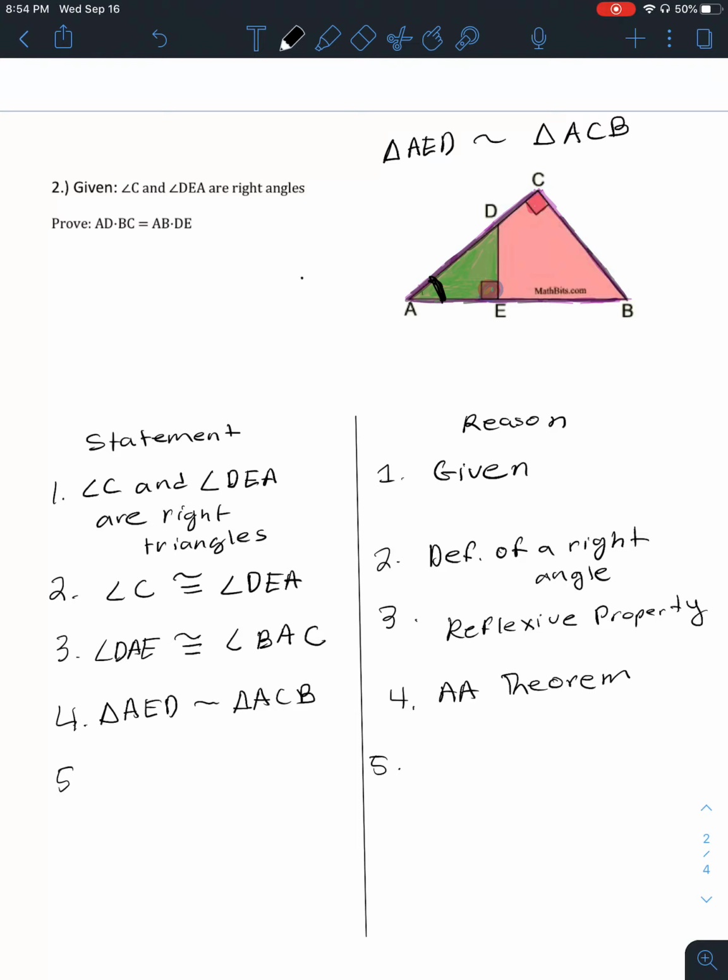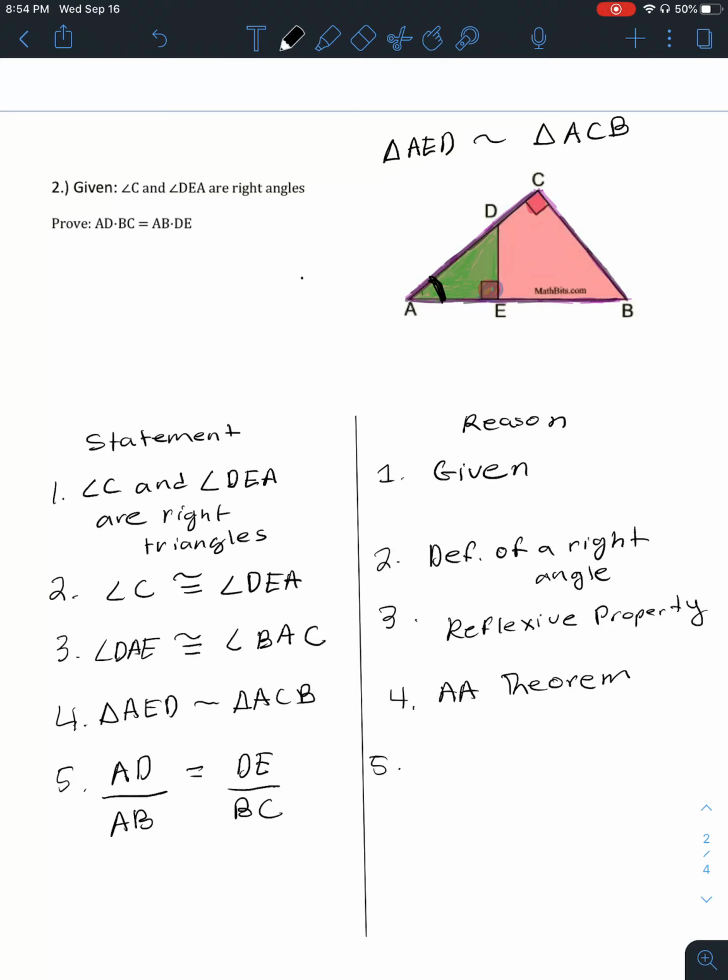So we are able to write that if I take my length of AD and I divide that by AB, that's going to be the same as DE over BC. And that also goes back to dilations when we learned this, that if triangles are similar, we should get the same scale factor.